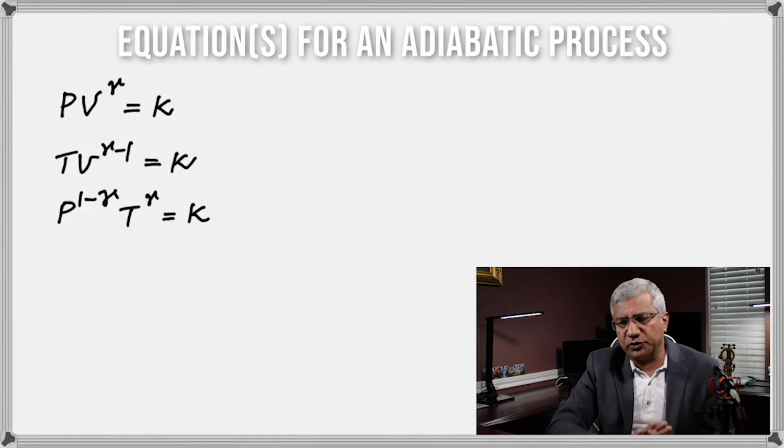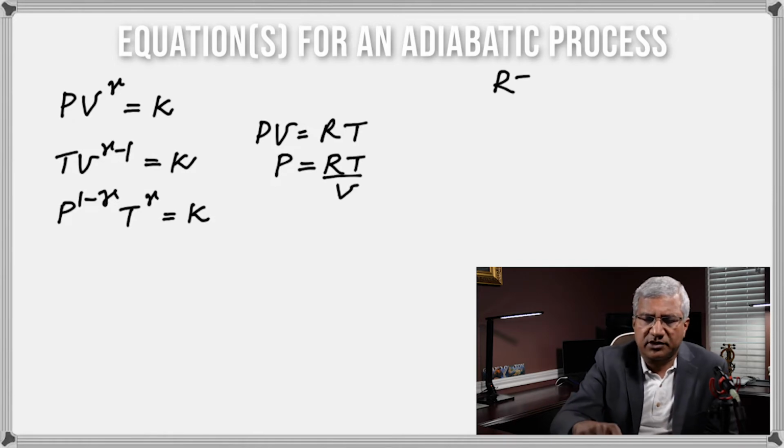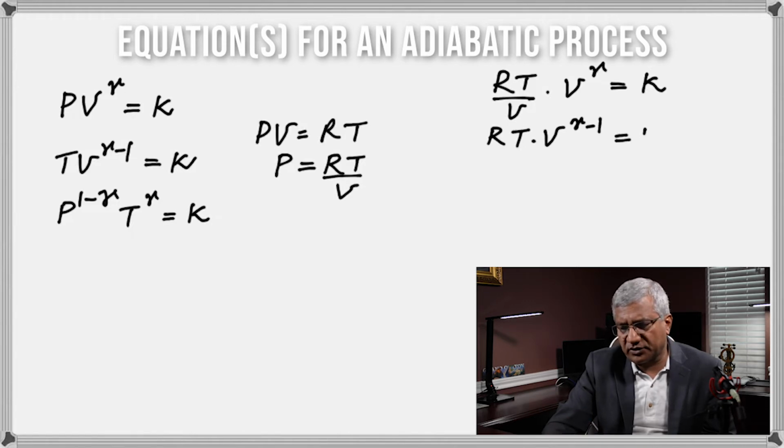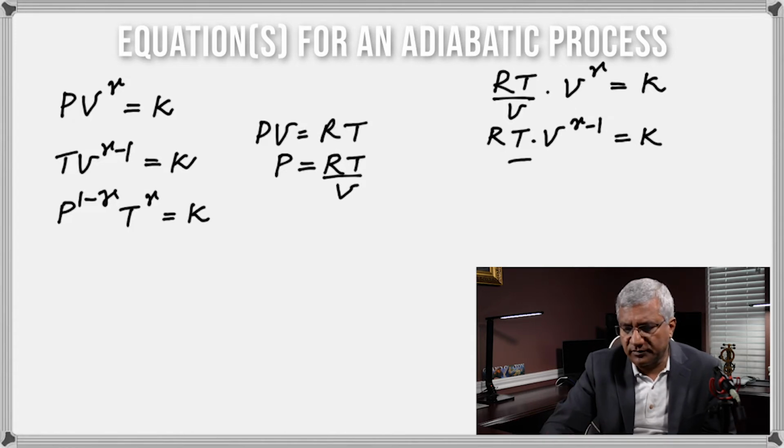So now let me show you how to get the second one from the first. PV is equal to RT for 1 mole, which makes P equal to RT by V, and I just have to substitute for P here as RT by V. So that gives (RT by V) times V raised to gamma, and here this is V raised to -1, so that's why we have V raised to gamma minus 1.